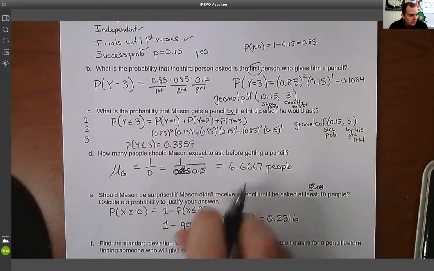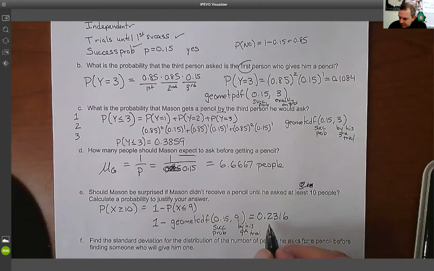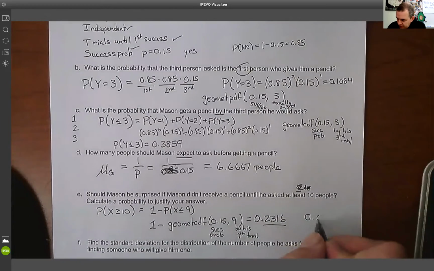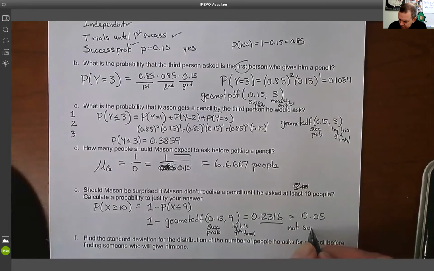If we compare that number to 0.05, it's not significant. It's really not that unlikely to occur. So you really shouldn't be surprised, because it's greater than 0.05.